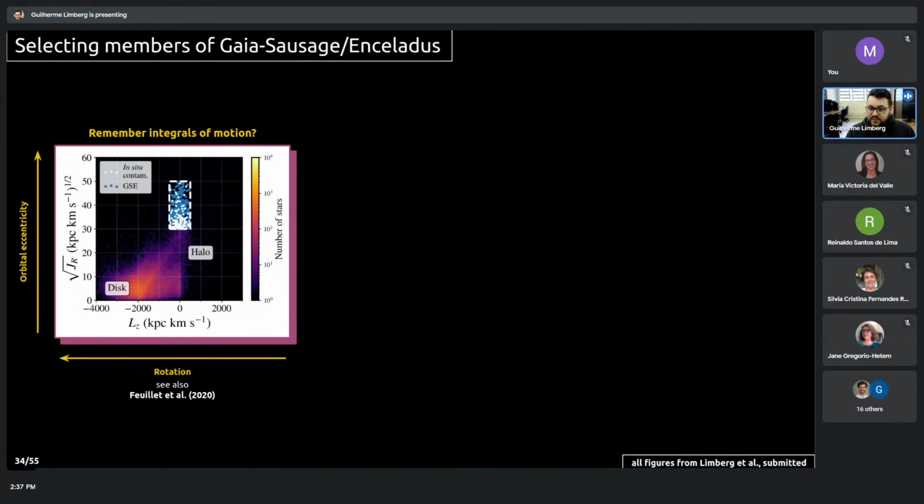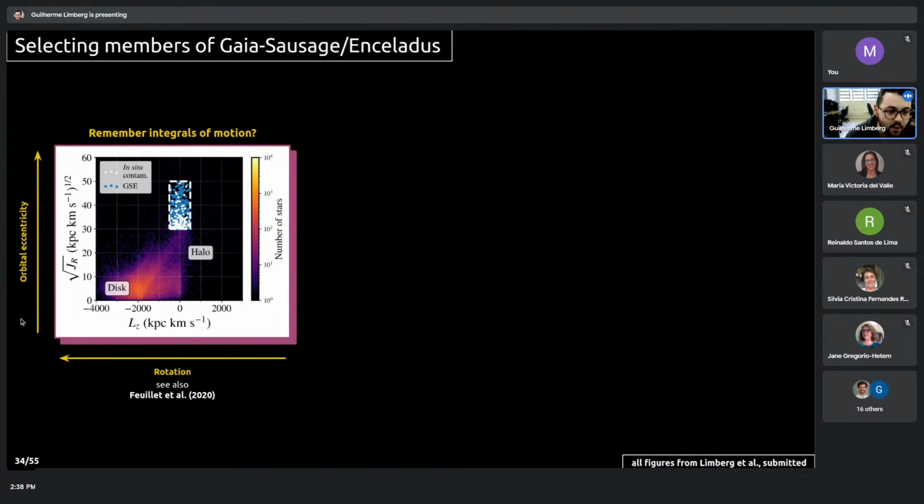So, the first thing that we did in order to explore all of these questions that I raised in the previous slide was to select the members of this Gaia-Sausage Enceladus dwarf galaxy. In order to do that, I utilized some kind of dynamical selection. In this figure, I'm showing the rotation, again, this component of angular momentum that we saw in some of the first slides.